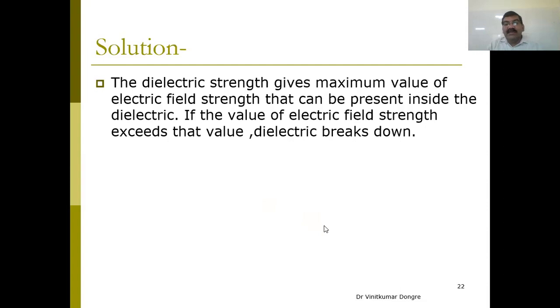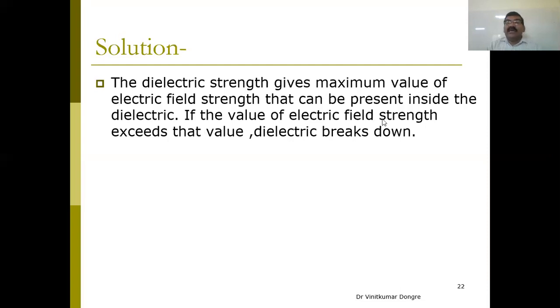So here it is the same thing. What is the dielectric here? The dielectric here is the oil, and something is immersed in the oil: a metallic sphere with a particular charge. Now, how much is the maximum strength? That we have to find out.